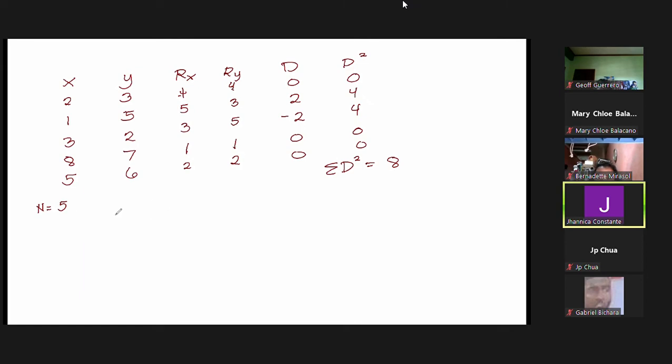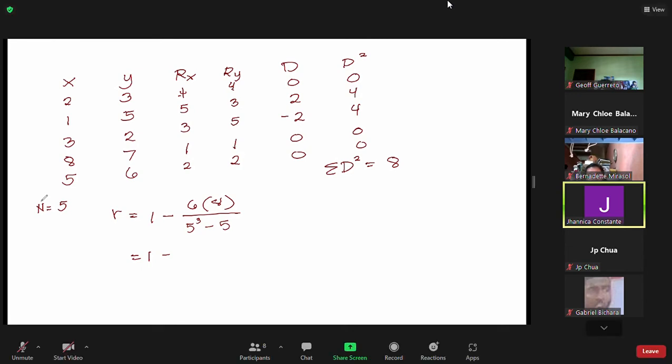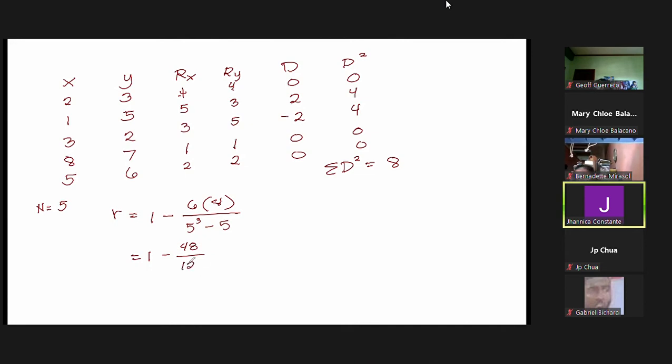Since we have already the summation of the difference squared between x and y, we can now solve for the correlation of our set of values for x and y, which is 1 minus 6 times the summation of d squared, which is 8, divided by n cubed, which is 5 cubed, minus n, which is 5. So 1 minus 6 times 8, which is equal to 48. 5 cubed, which is equal to 125, minus 5 equals 120.